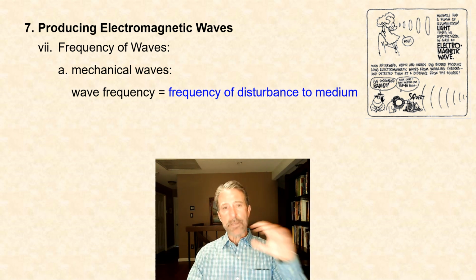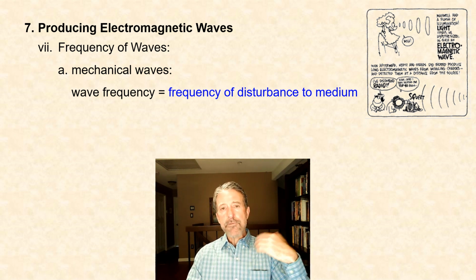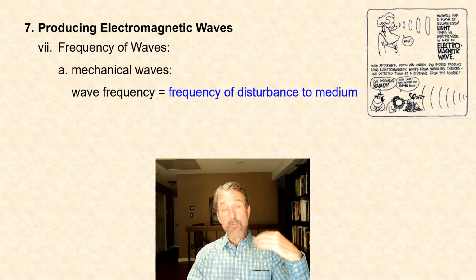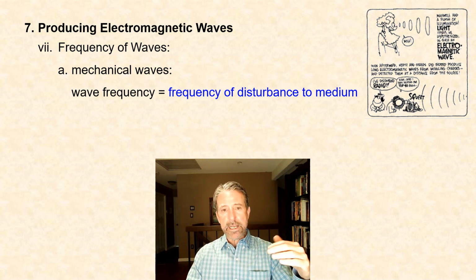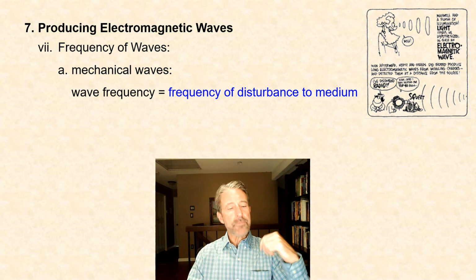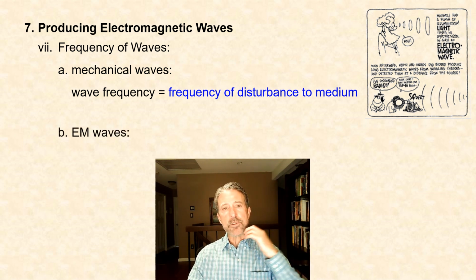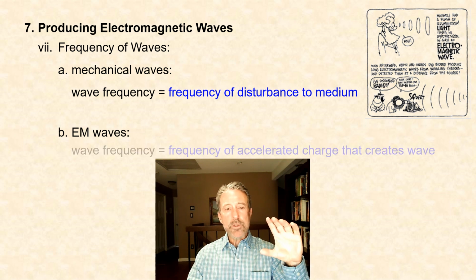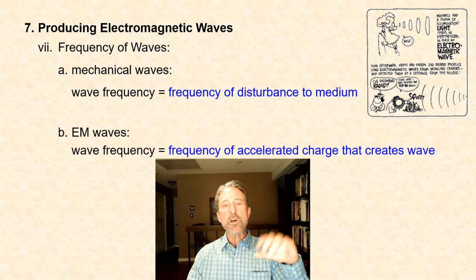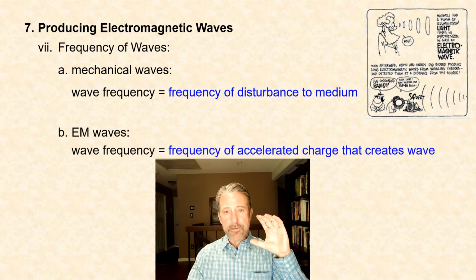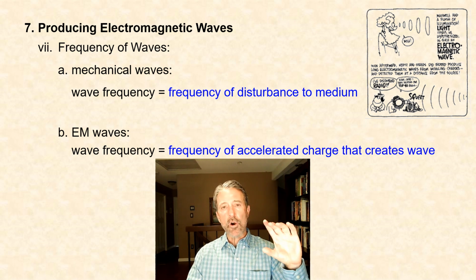So, very simply, if you want to create a certain note on a guitar string, the frequency of the vibrating string is going to match the frequency of the sound wave produced. It's really not that much different for electromagnetic waves. The frequency of the electromagnetic wave will be determined by the frequency of the accelerated charge that creates the wave.